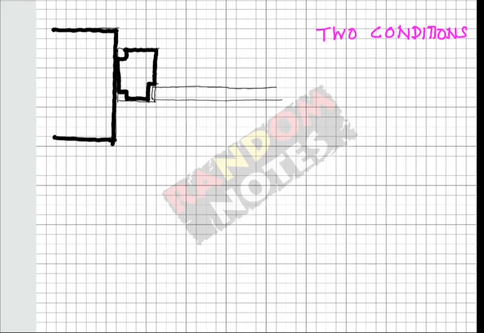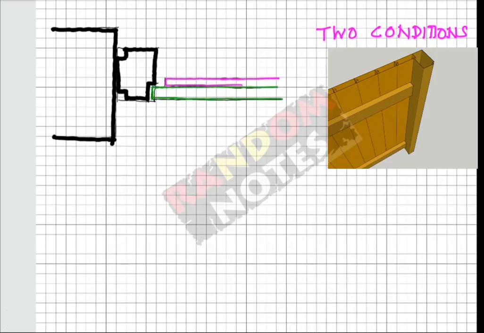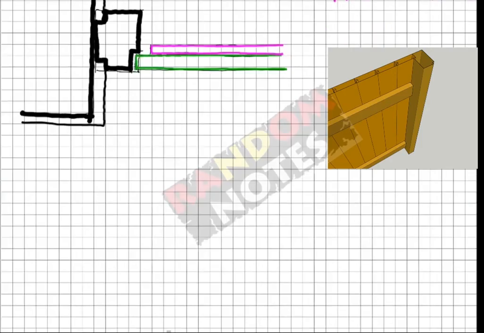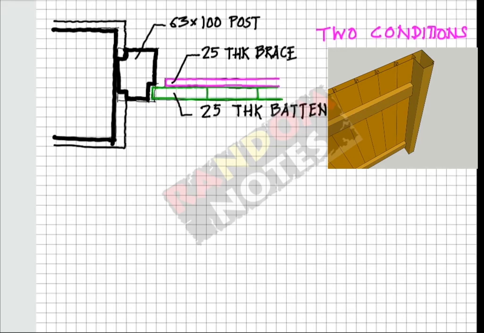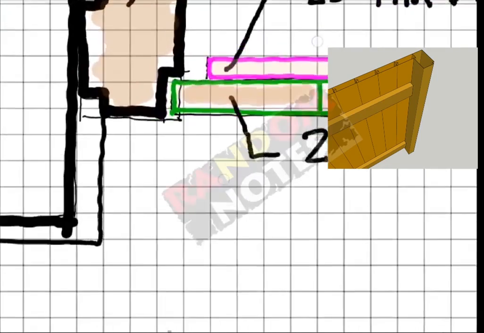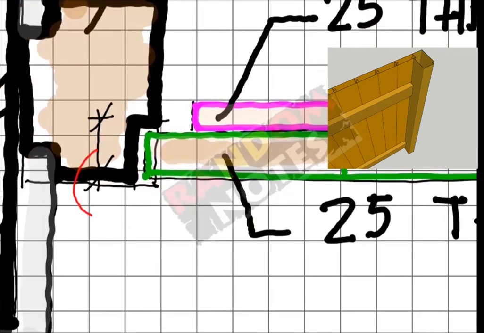In this first condition, the ledges and brace are on the face opposite to the rebate of the door frame. In this first condition, the width of the rebate in the door frame will accommodate only the thickness of the batten.